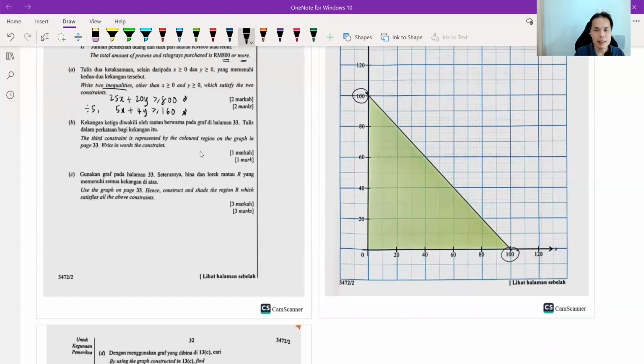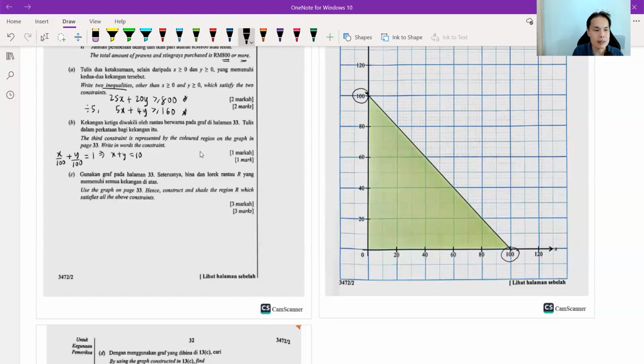So we can say that this equation is x over 100 plus y over 100 equals 1. Do you know what this is? This is the equation in intercept form. Now you can go and find the gradient and y-intercept, because your gradient is -1 and y-intercept is 100. You can do that as well. So when you multiply by 100, your x plus y is just 100.